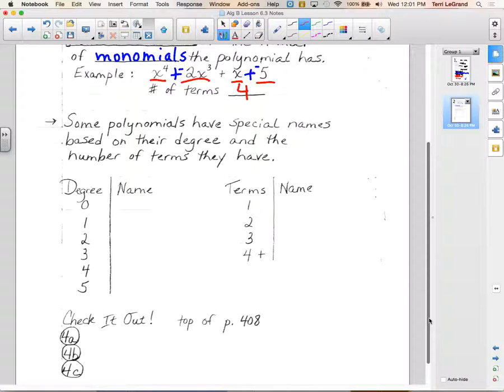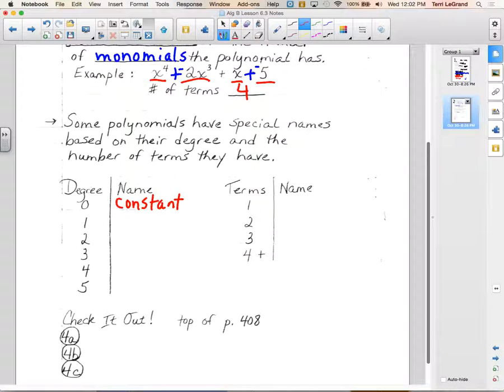A constant. Remember, that's always going to be at the end of our standard form. If it is a degree 0, its degree name is constant. So if the polynomial is my age, 60, the polynomial 60 has a degree of 0, so it would be called a constant.